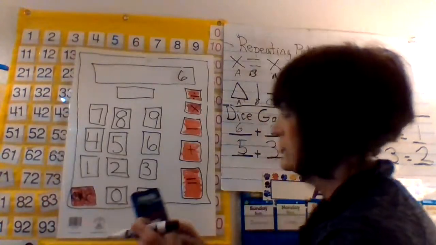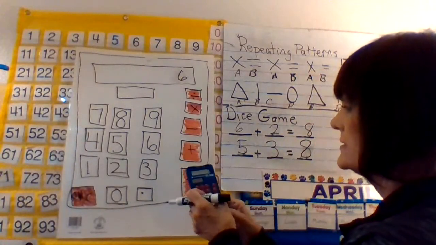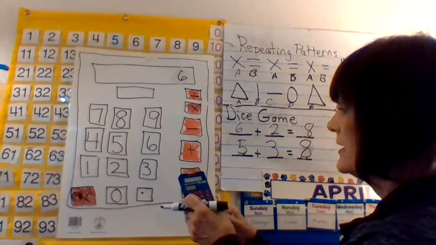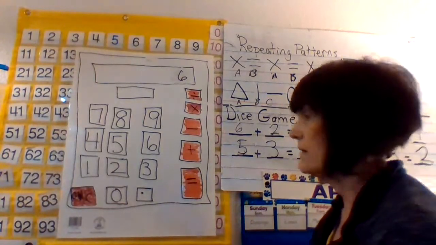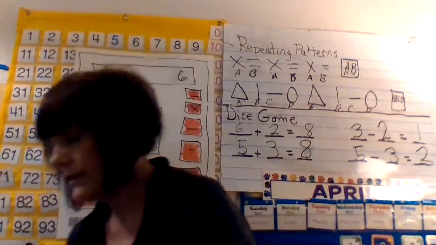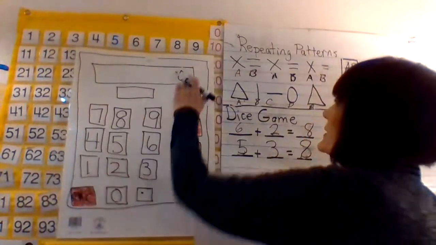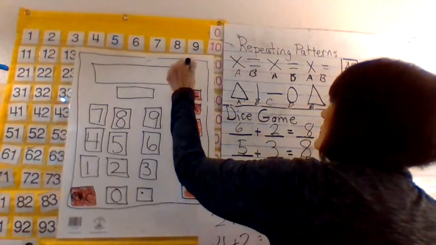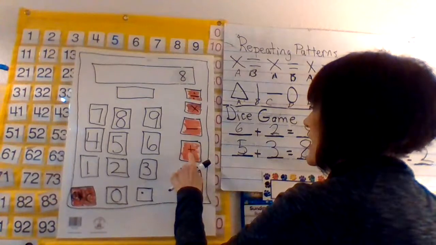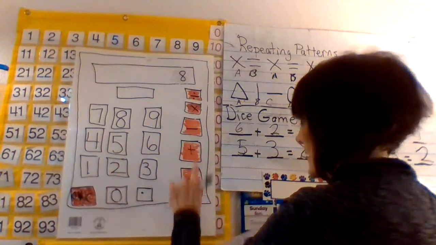Now I want you to do plus 2 equals again. All right? And I ended up with 8 in my display window. You ready? Plus 2 equals.